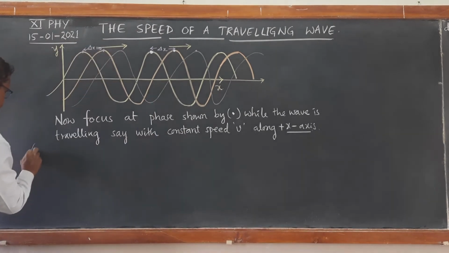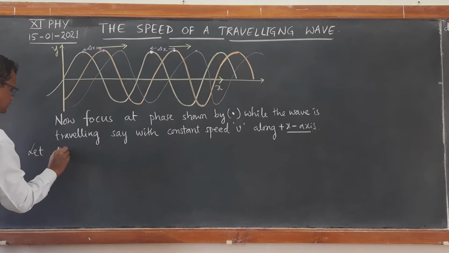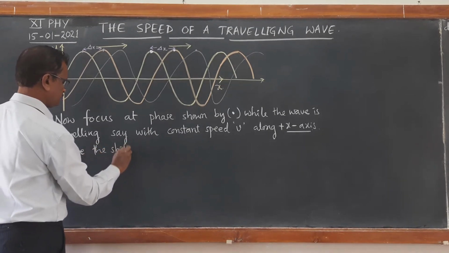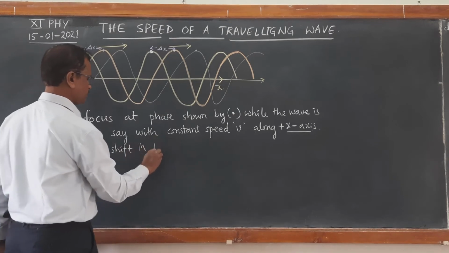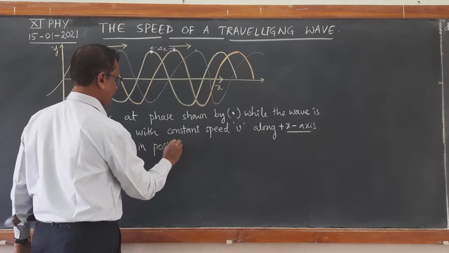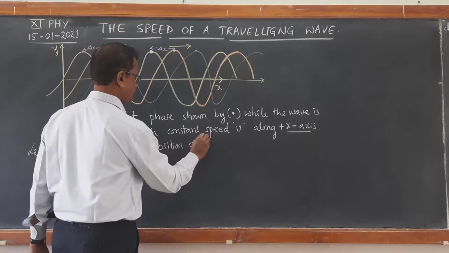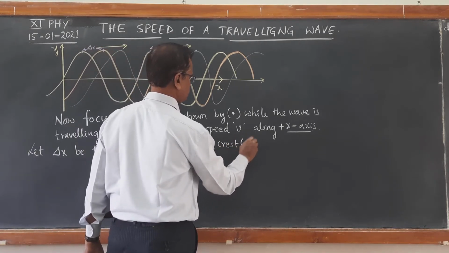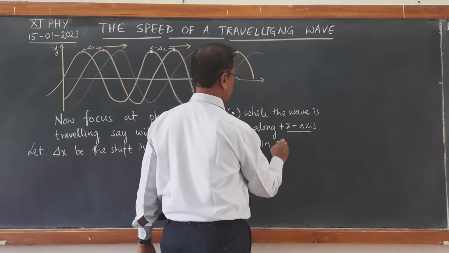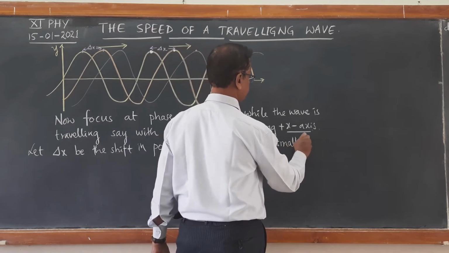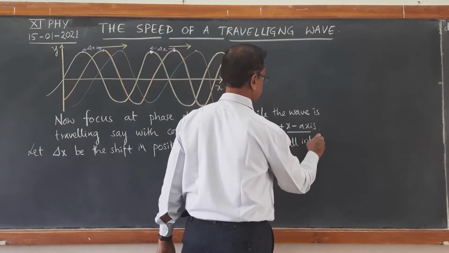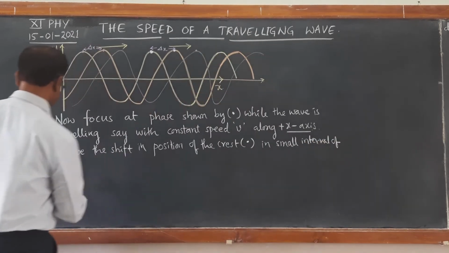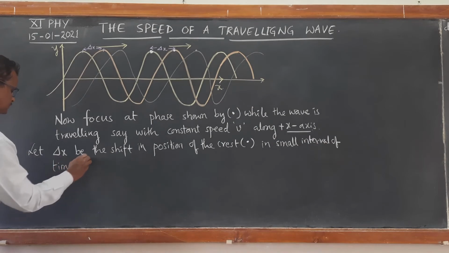Let delta x be the shift in position of the crest dot in a small interval of time delta t.